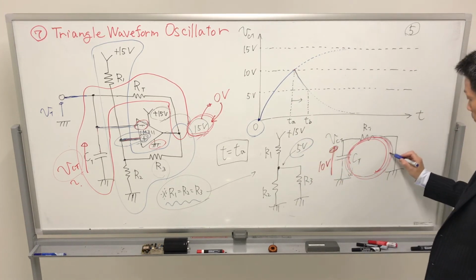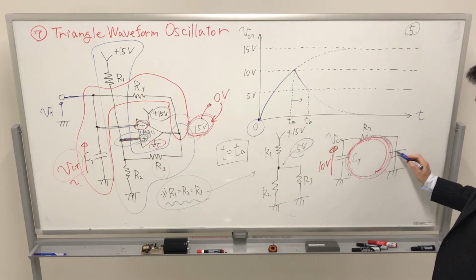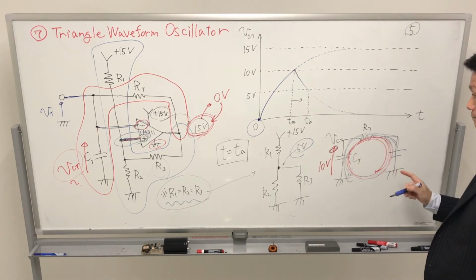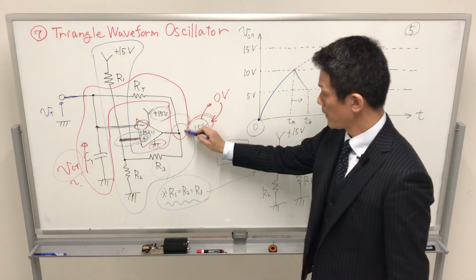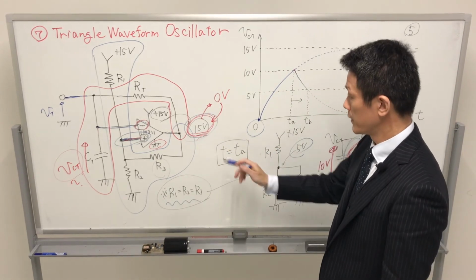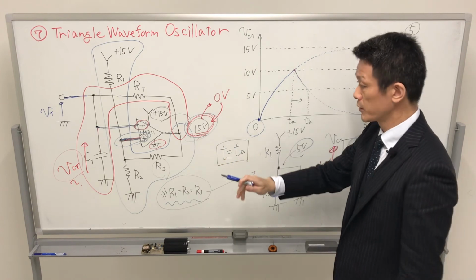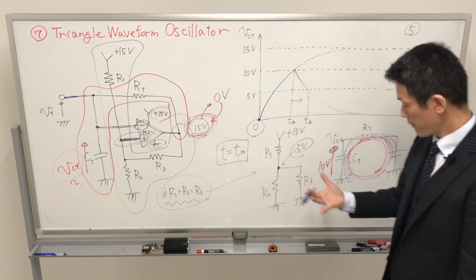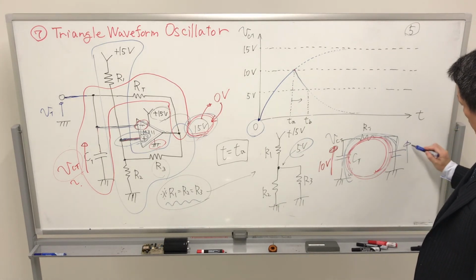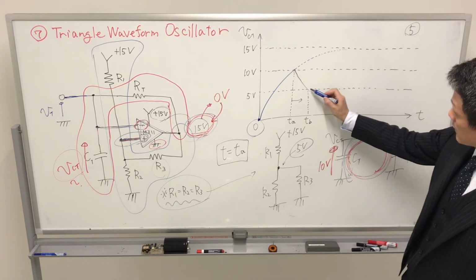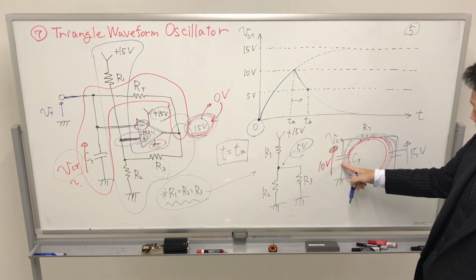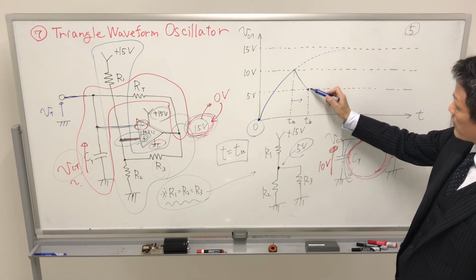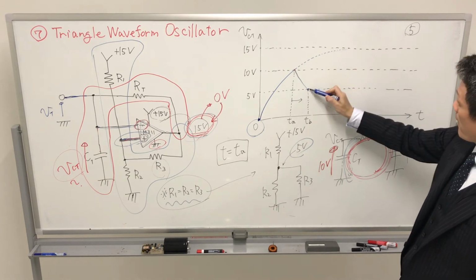This one is the positive one and charged again, because of this power source occurring at this terminal because of the comparator's operation. So it becomes the 15 voltage. VCT is increased to the 15 voltage.